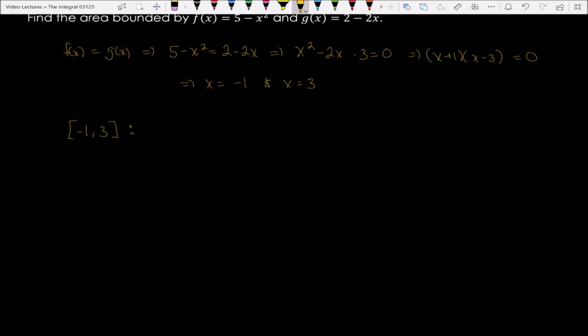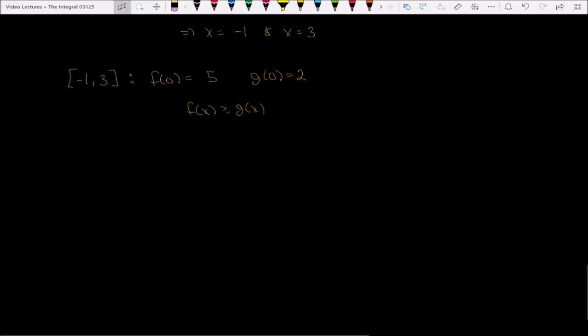Once again, 0 is in there. f of 0 is equal to 5. g of 0 is equal to 2. This means on this interval, f is once again the larger function. Therefore, the area is the integral from -1 to 3 of f of x, which is 5 minus x squared, minus g of x, dx.